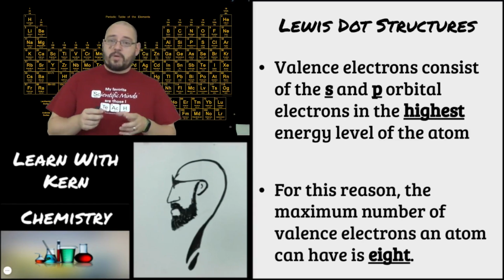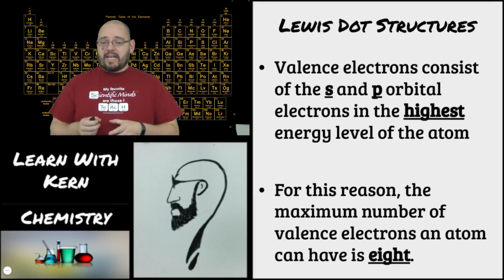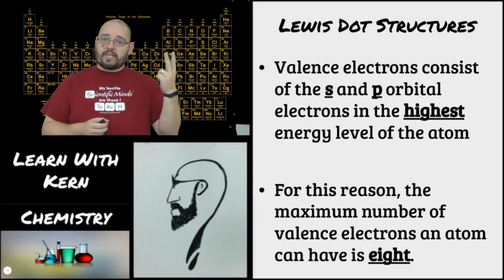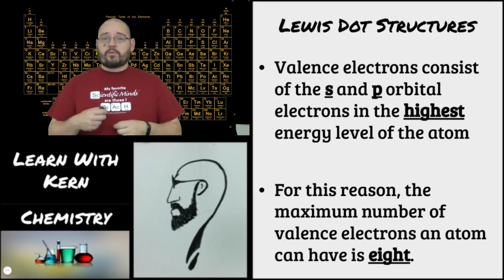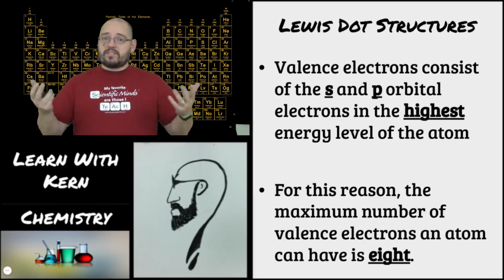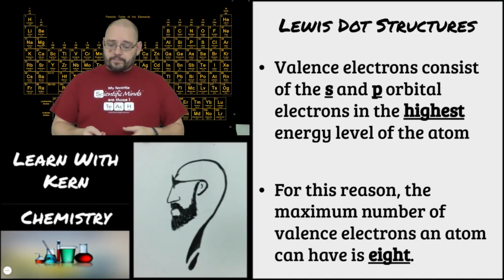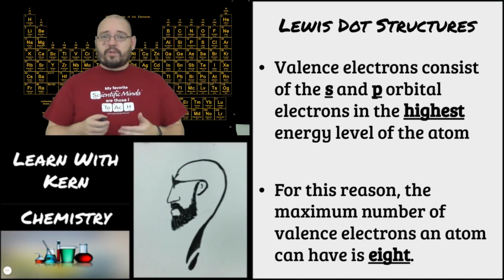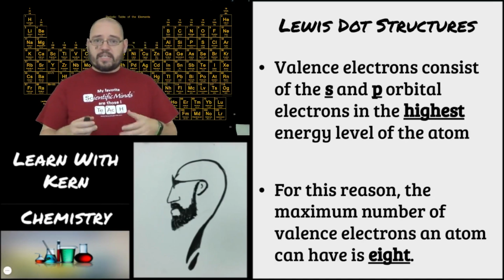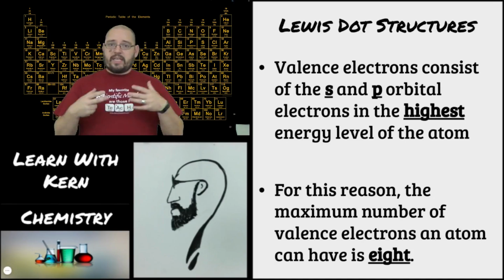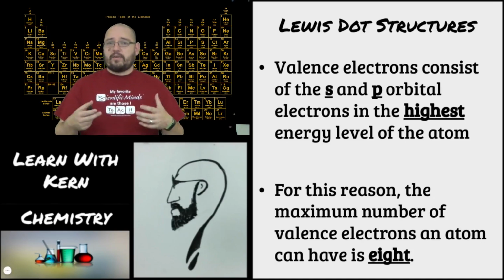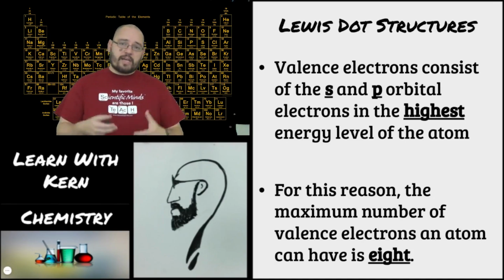So the maximum number of valence electrons you can have is 8, because the s orbital can have 2, and the p orbital can have 6. So 2 plus 6 is 8. That number 8 is very, very important, extremely important in bonding and how the elements actually react together.